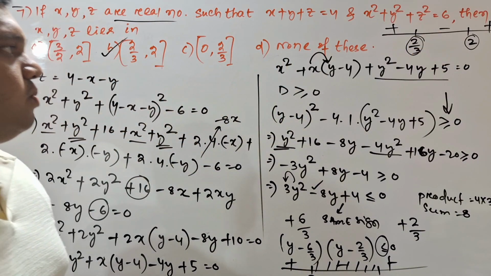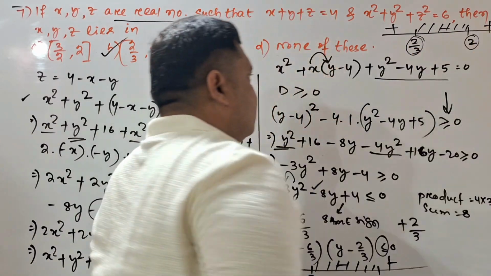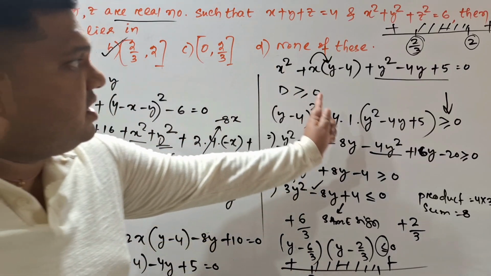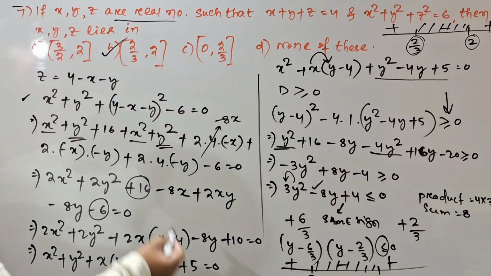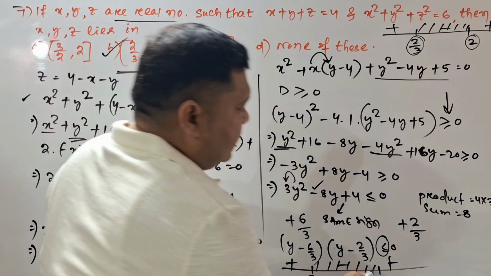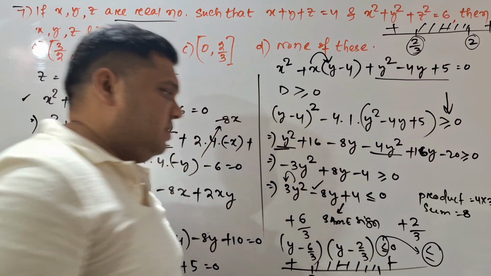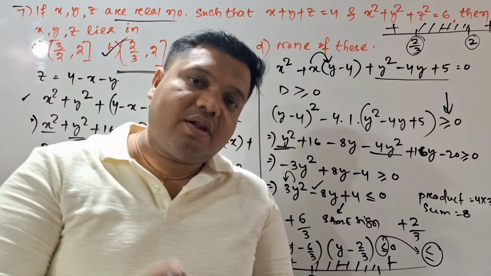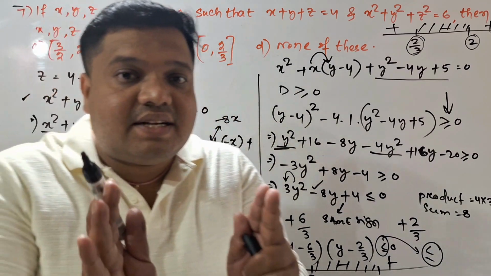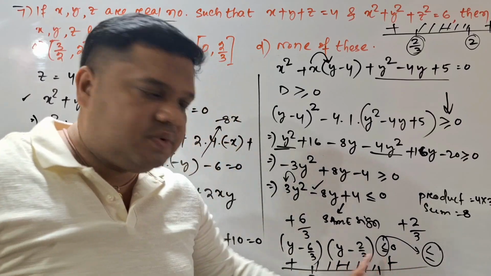The answer lies where? Less than means I have to select the negative region, so the answer lies from 2 by 3 to 2, with closed brackets. Why? Because the inequality sign is less than or equal to, which means consider all critical points and select the negative region.